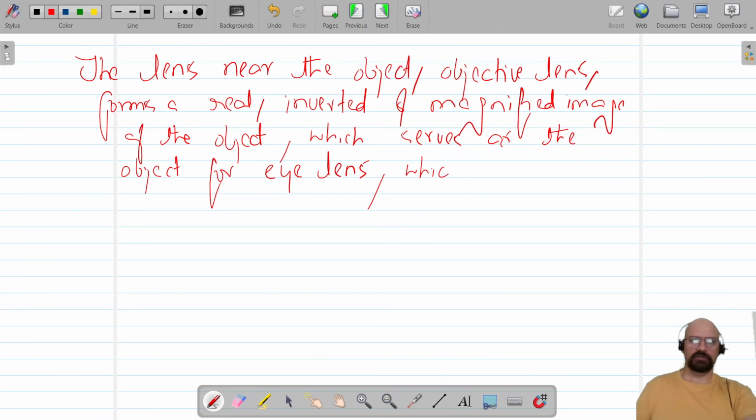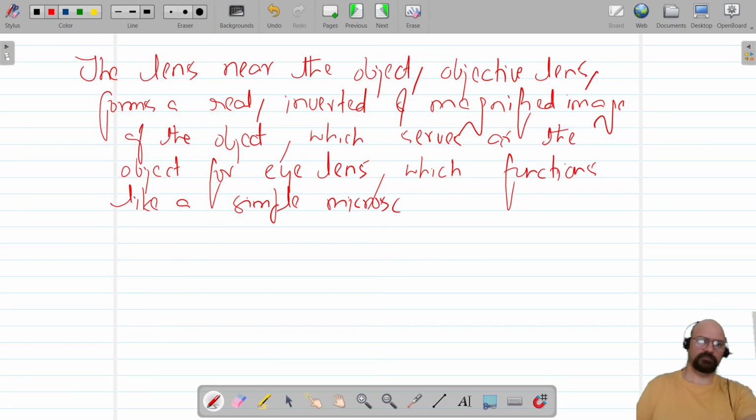which functions like a simple microscope. This eye lens functions like a simple microscope and produces the final image.